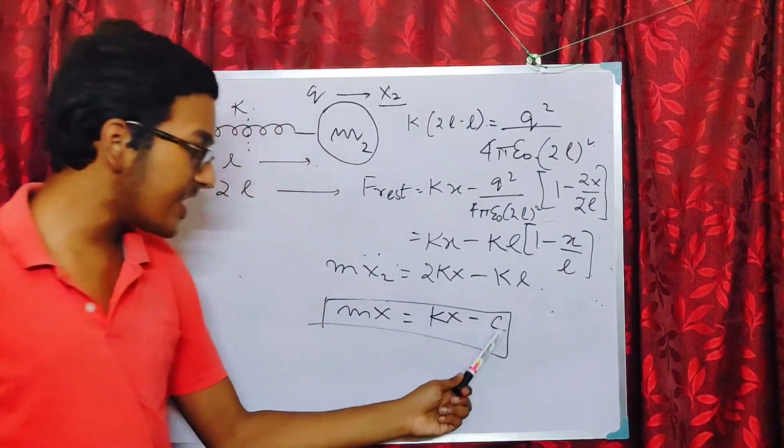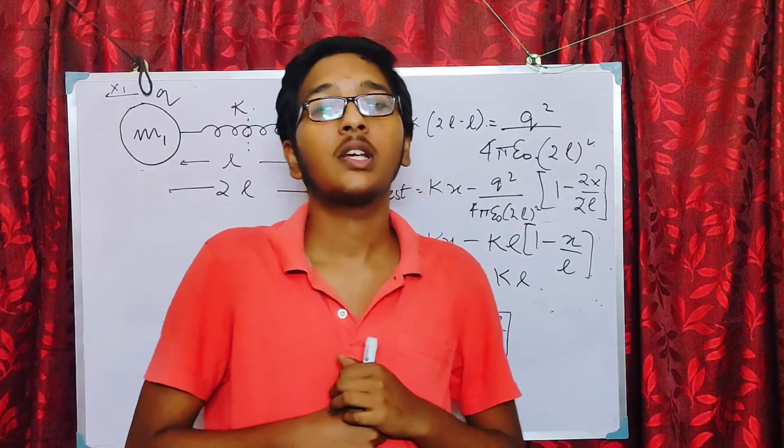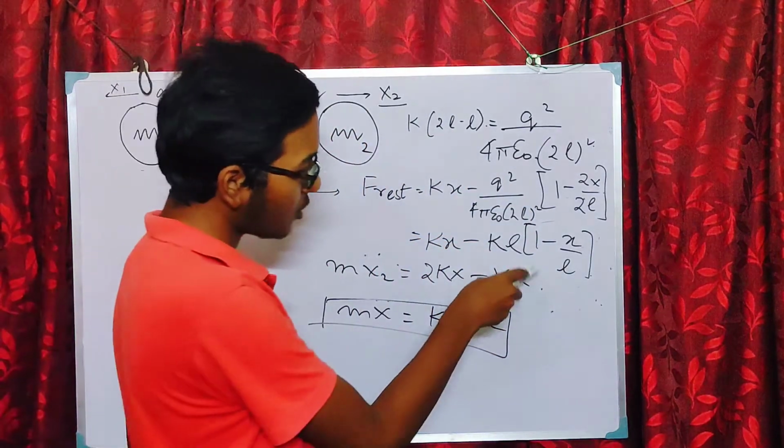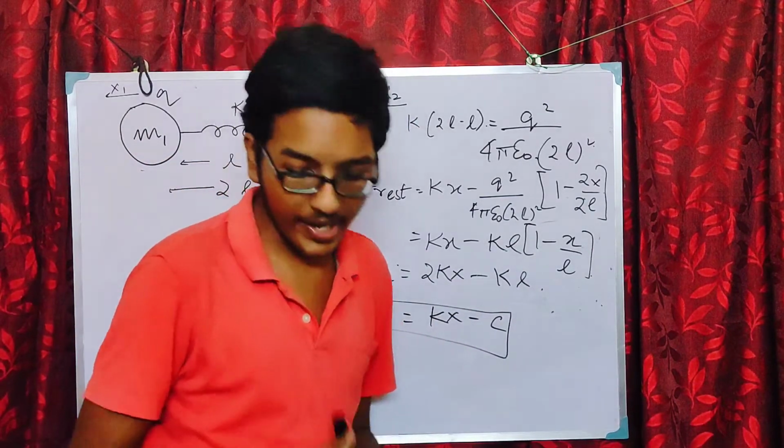The c part just determines the shift of the mean position, so the scale is not important to us. What's important is 2kx.